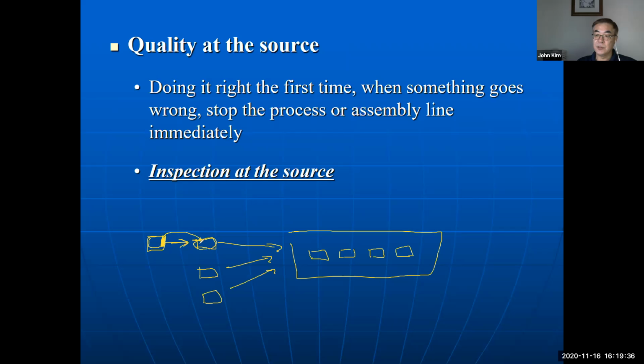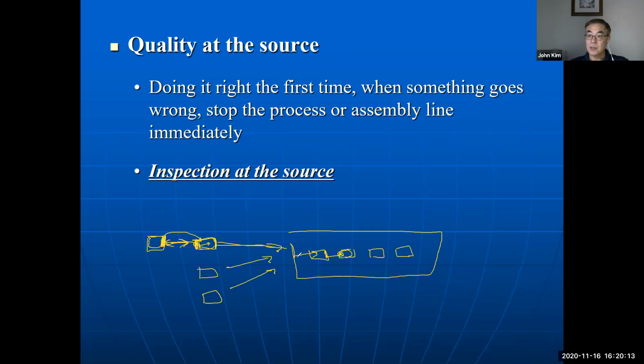So this one trusts the supplier's quality, so without inspection, just produce and send. Many companies use this, like Hyundai, also Toyota, Ford, and GM. They use this quality at source, inspection at the source.